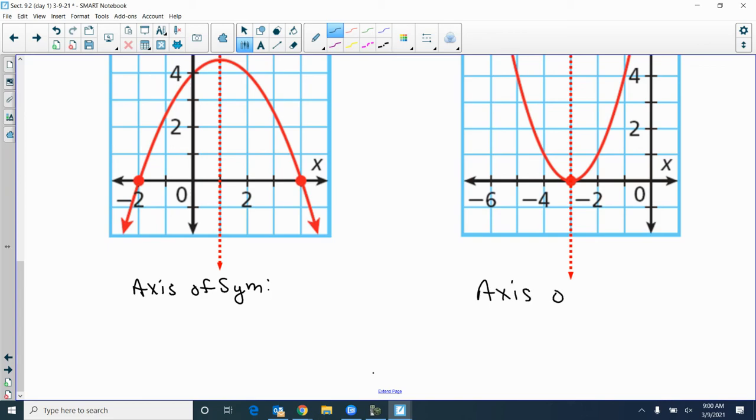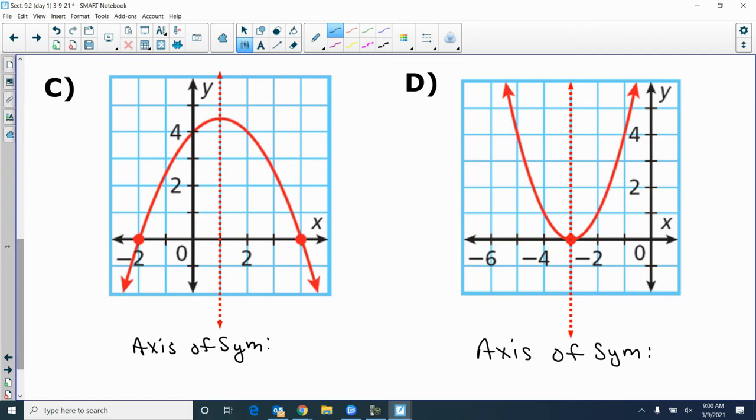Joe, what do you think for the C there? For the axis of symmetry, how would we label it? Would it be like the M? I have no idea on that.